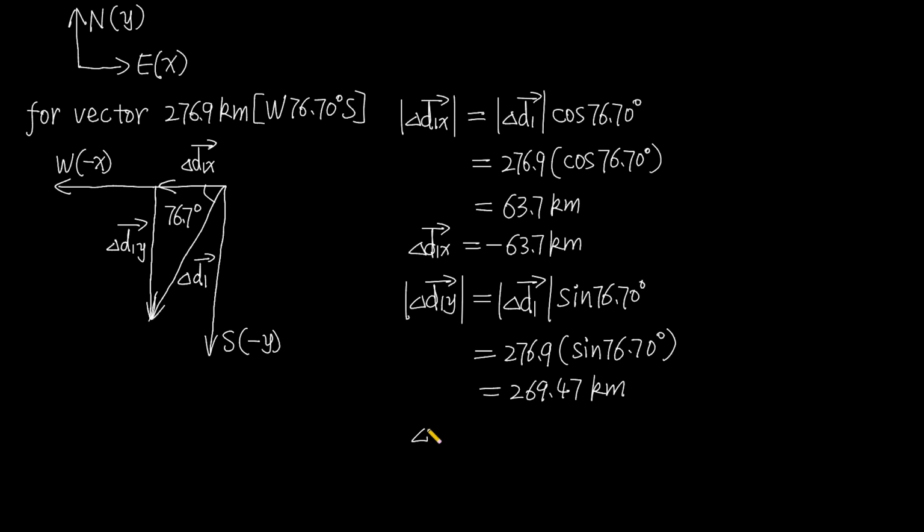Then the vector delta d1y is negative 69.47 kilometers. It's negative because its direction is negative y.